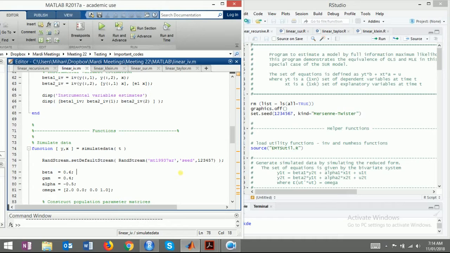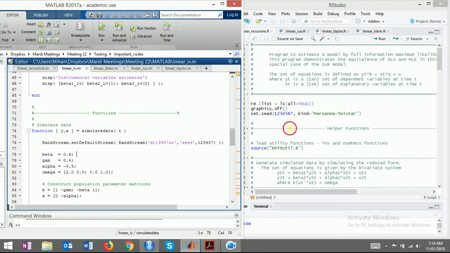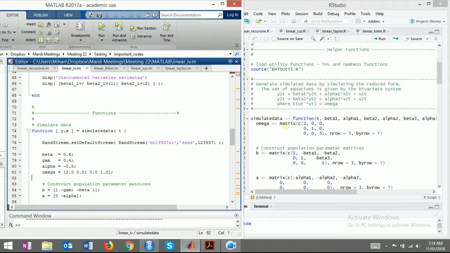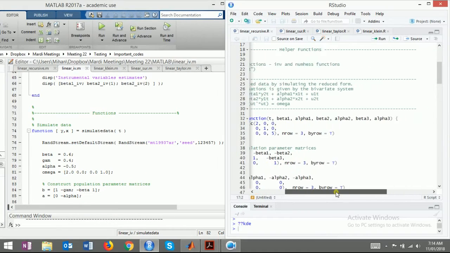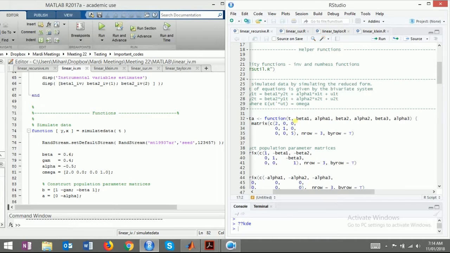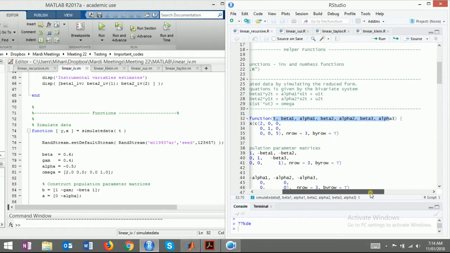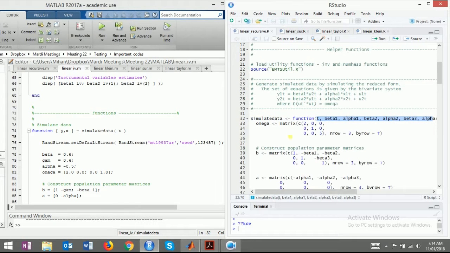First, let's simulate data. Random stream, set global stream, function, well, this is into function t, beta 1, alpha 1, beta 2, alpha 2. All these will be given to us. Alpha 3, beta 2, alpha 2, beta 3, alpha 3. Fine.